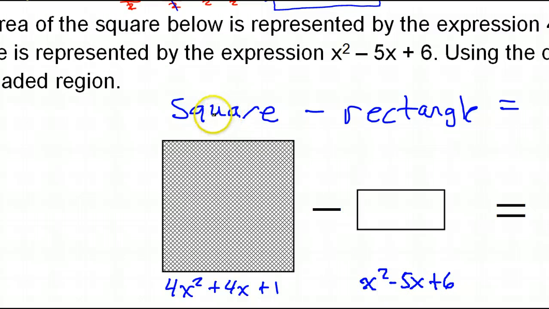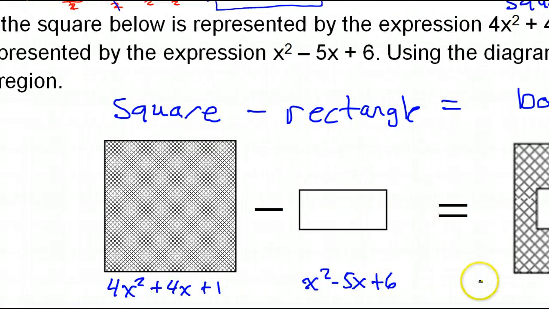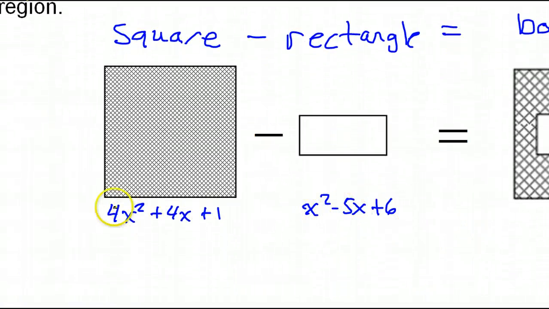So if you understand that the square, if you take away the rectangle, is going to give you the border, then using the expressions that they gave us, that means 4x squared plus 4x plus 1, that's the square, minus the rectangle, minus x squared minus 5x plus 6 should equal the border.